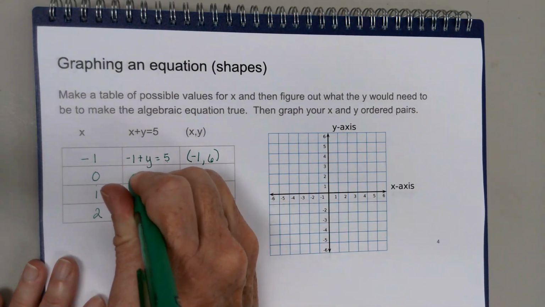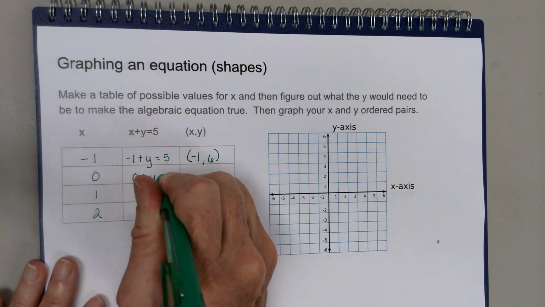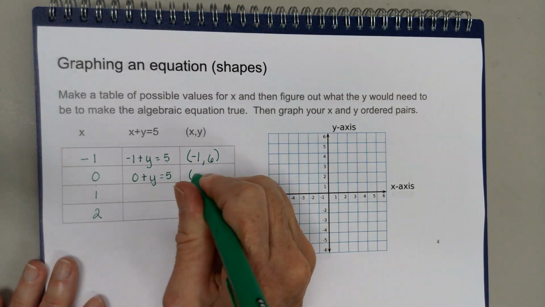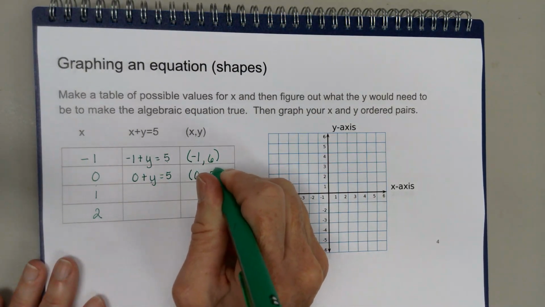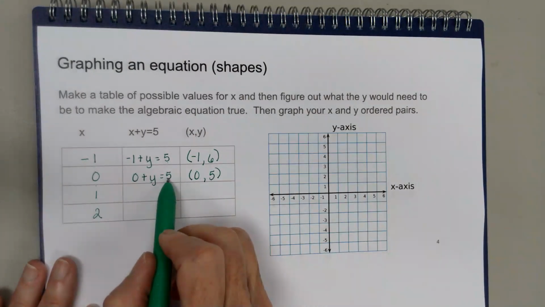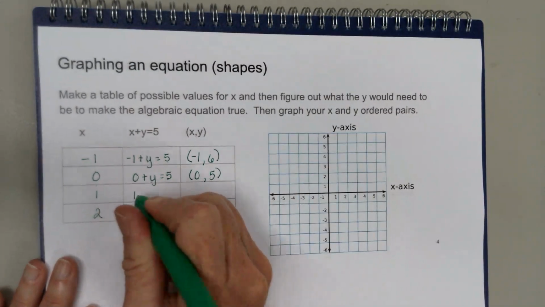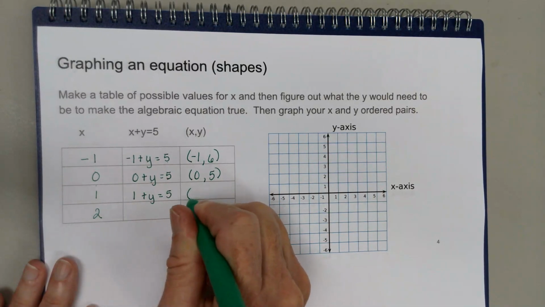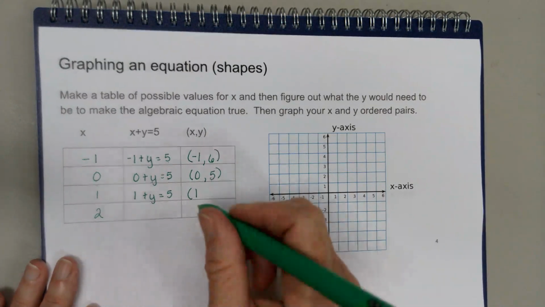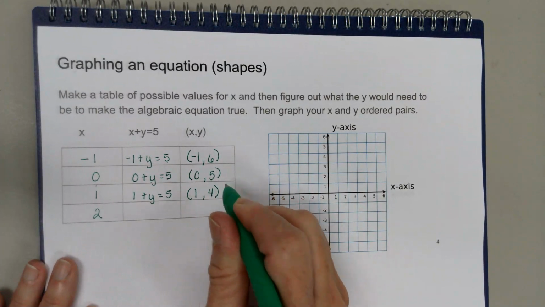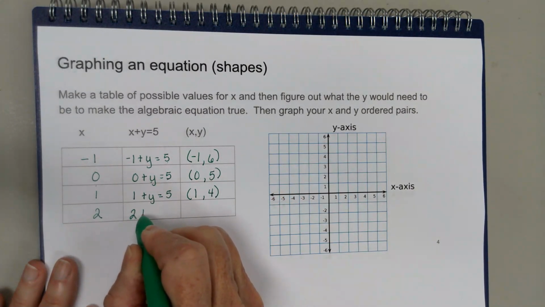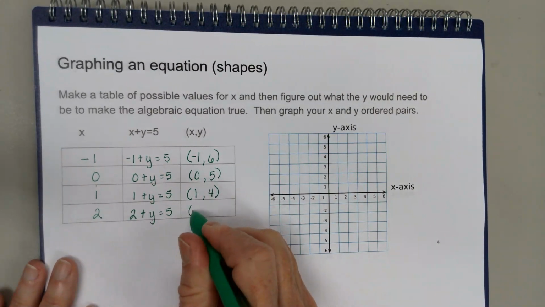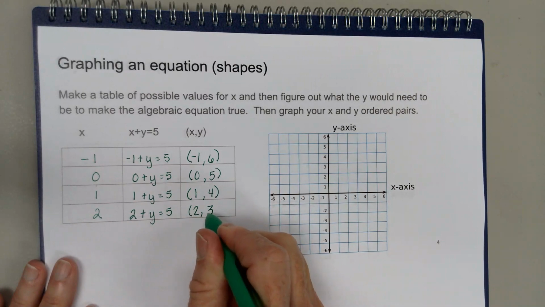If I plug in 0 for the x, then to make that equation true, my y would have to be 5, because 0 plus 5 equals 5. If I plug in 1 for my x, then the value for y that would make this true would be 4. If I plug in 2 for my x, then the value for y would be 3.